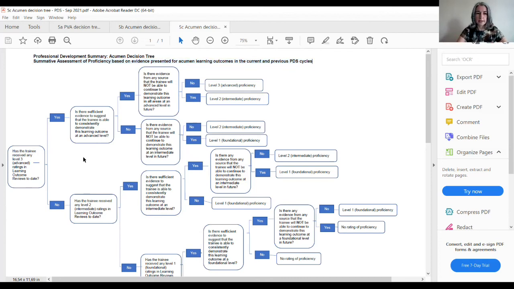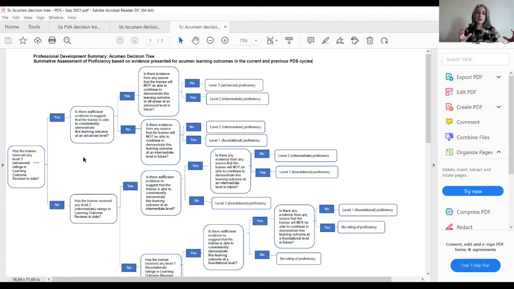If the answer is yes, then the question is, is there sufficient evidence to suggest that the trainee is able to consistently demonstrate this learning outcome at an advanced level? So let's say, for example, the trainee presented a level 1, level 2, level 3. You as the evaluator or the assessor would then need to make the decision as to whether the trainee is able to consistently demonstrate at a level 3.